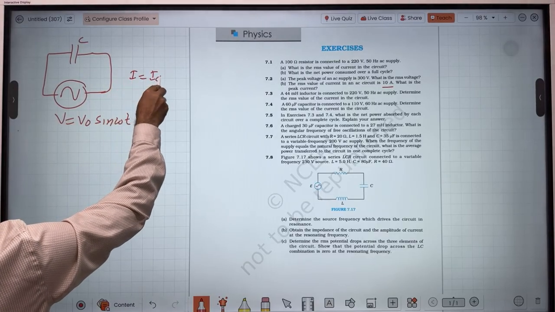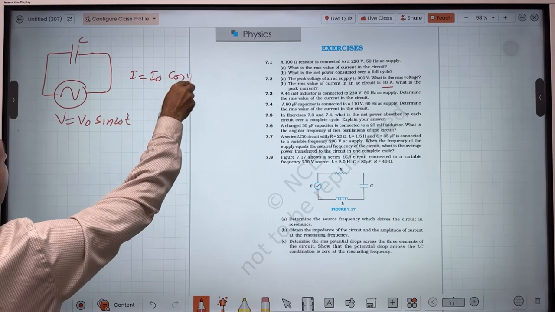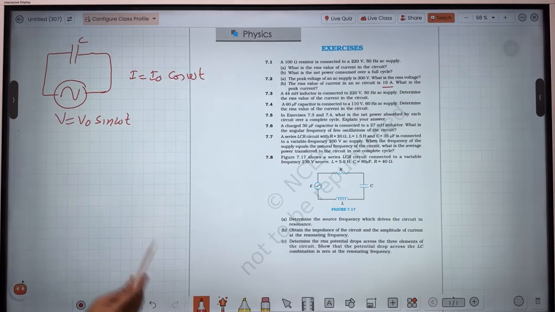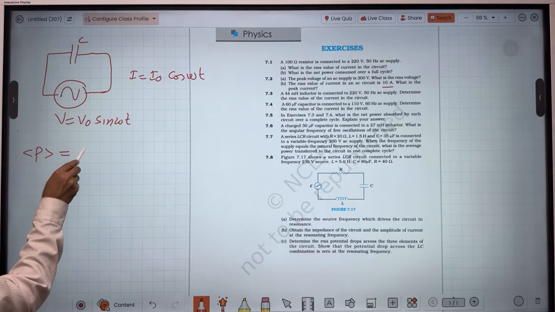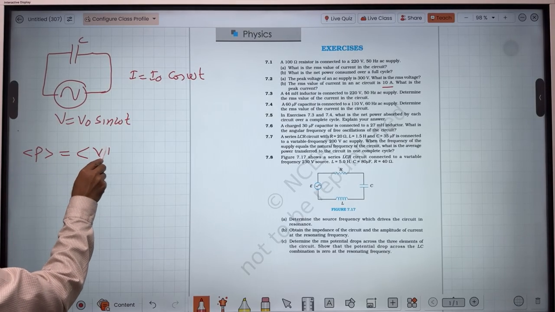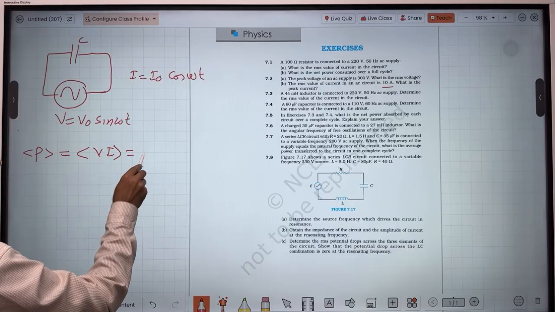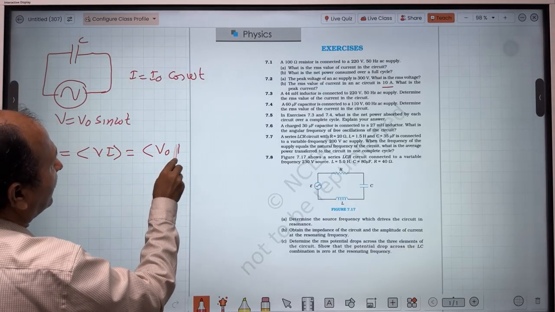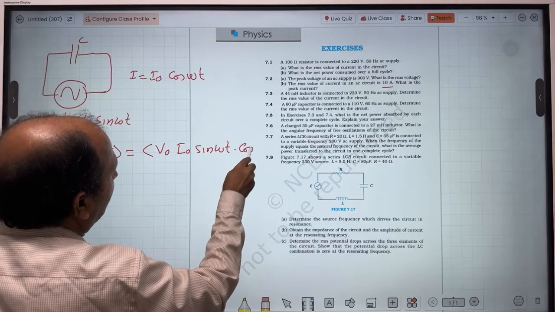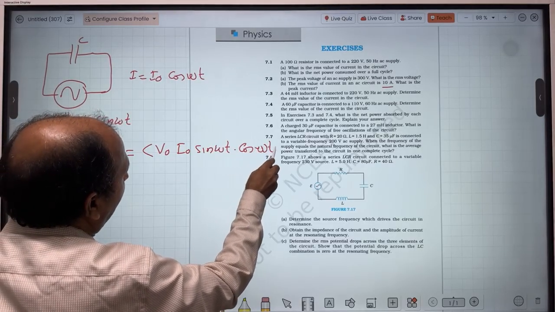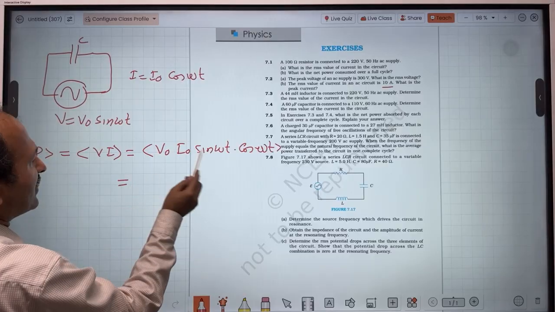So I equals I0 cos omega t, right? In this case, current leads voltage by pi by 2, that you know. Now here our concern is to find average power. So average power will be V I average. We put the values: V0 I0 sine omega t cos omega t average.